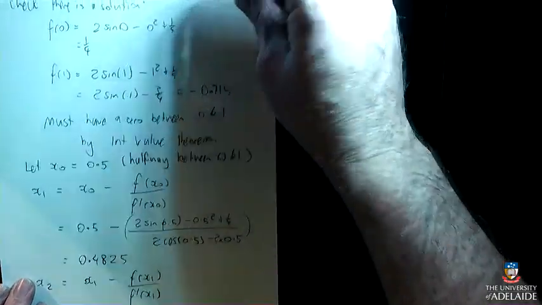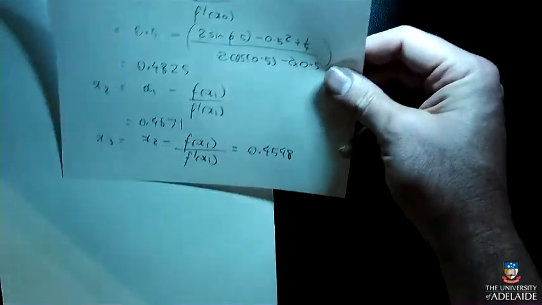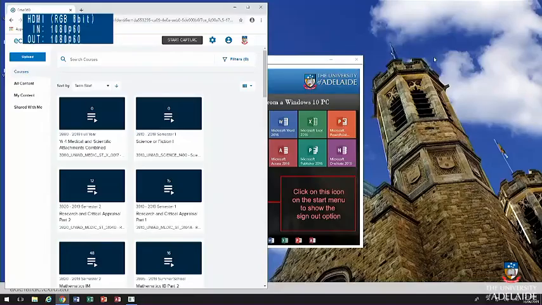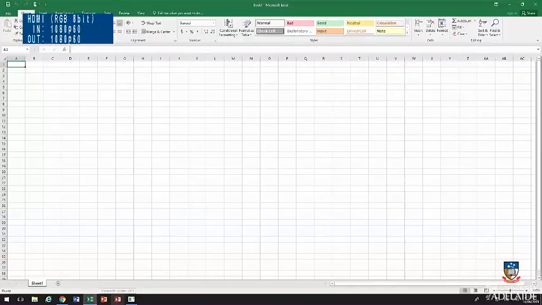I want to see what it's going to be. I'm just really interested now. It's getting closer to where the curve meets.